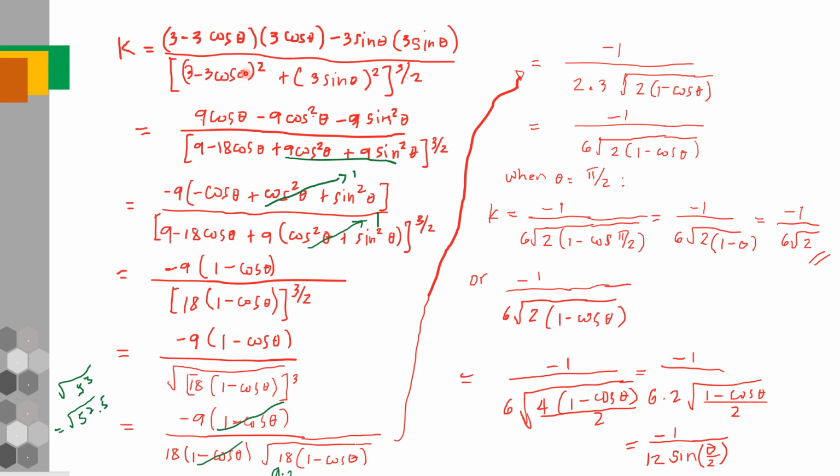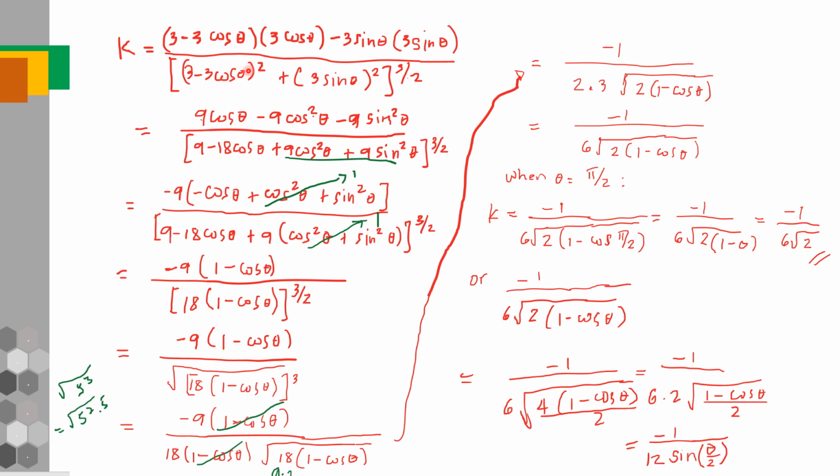Or kung meron tayong a minus b raised to the power of 2, so meron tayong a square minus twice of a times b plus b square. Okay? So, gagamitin lang natin yung formula na yun dito. So, this will become a square. So, yung a natin is 3. Yung b natin is 3 cosine theta. So, yung a square, so that is 9, minus twice the product of first and second. So, what's the product of 3 and 3 cosine theta? That is 9 cosine theta.